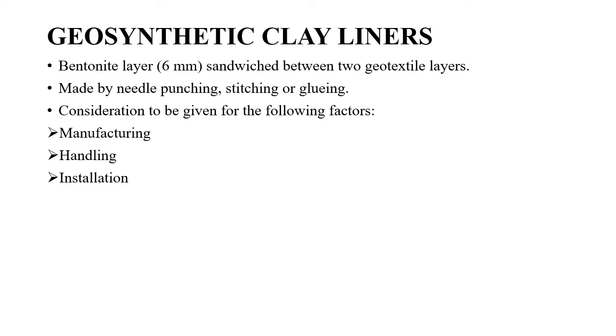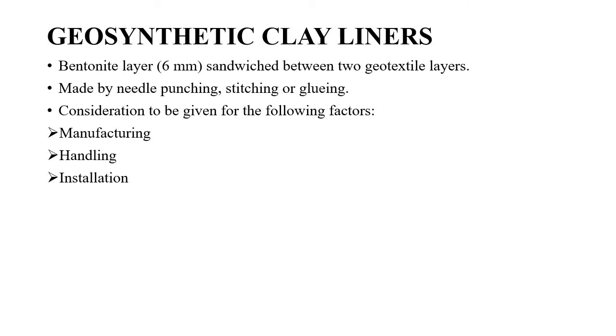Now the third factor to be considered is definitely the installation process, where we have to follow the specifications given by the contractor or the quality assurance personnel. Installation includes the placement of this material; whether soil or geosynthetic, the subgrade must be approved prior to placing of the GCL. Then there is the joining of these materials.